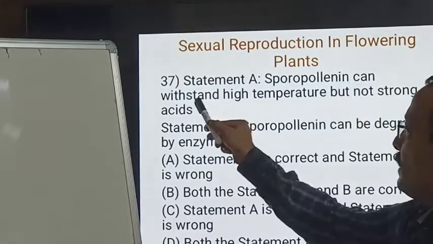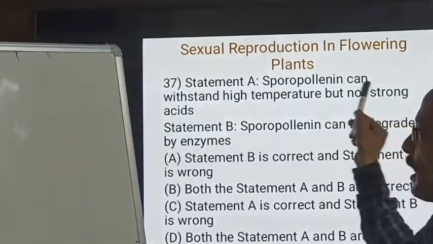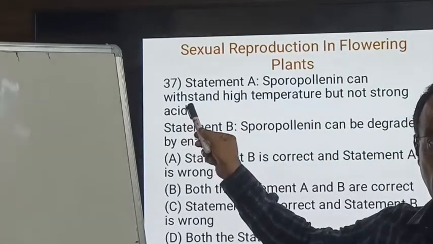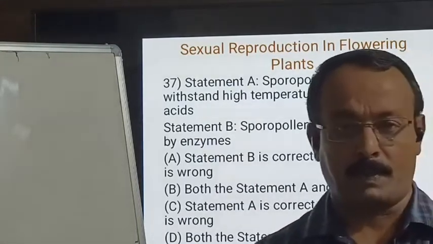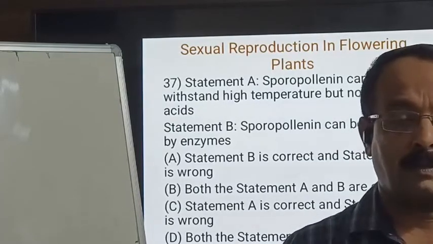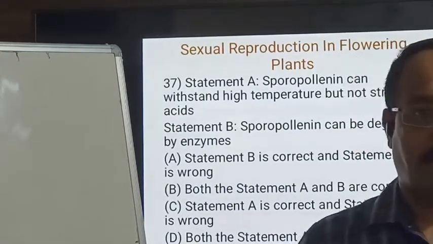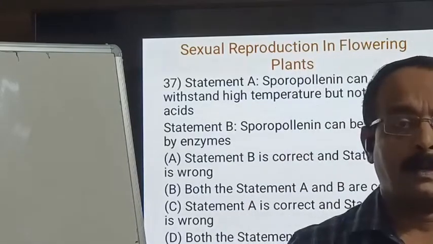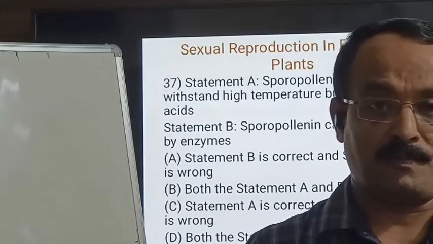sporopollenin can withstand high temperature but not strong acids. So sporopollenin is the hardest material present on the exine wall of the pollen grain. As you are well aware, because of the presence of sporopollenin, these pollen grains can be preserved as fossils.